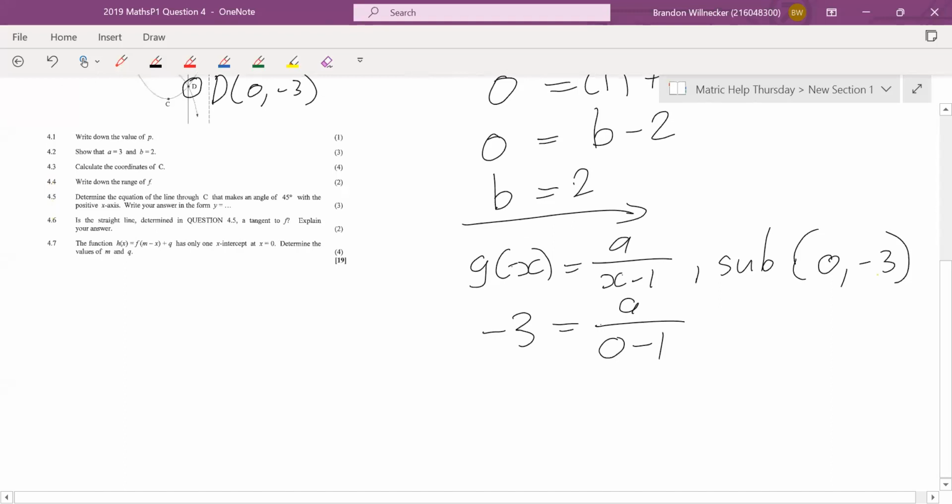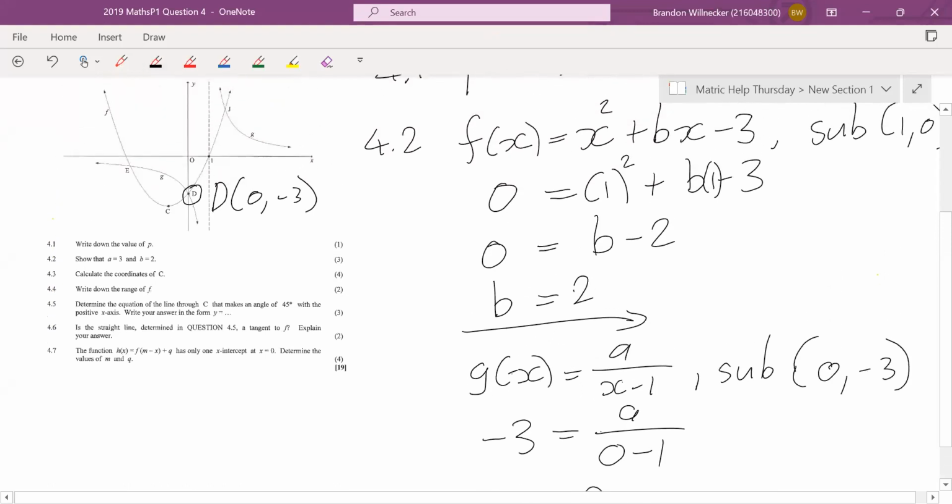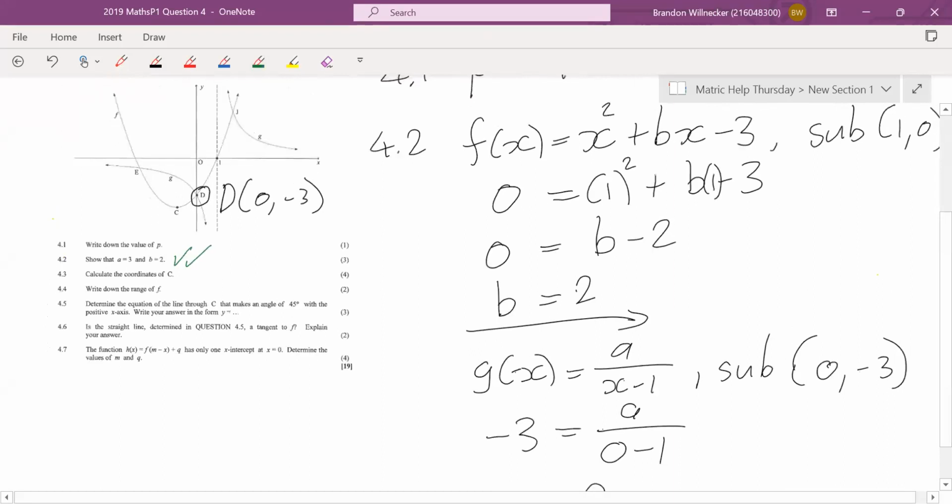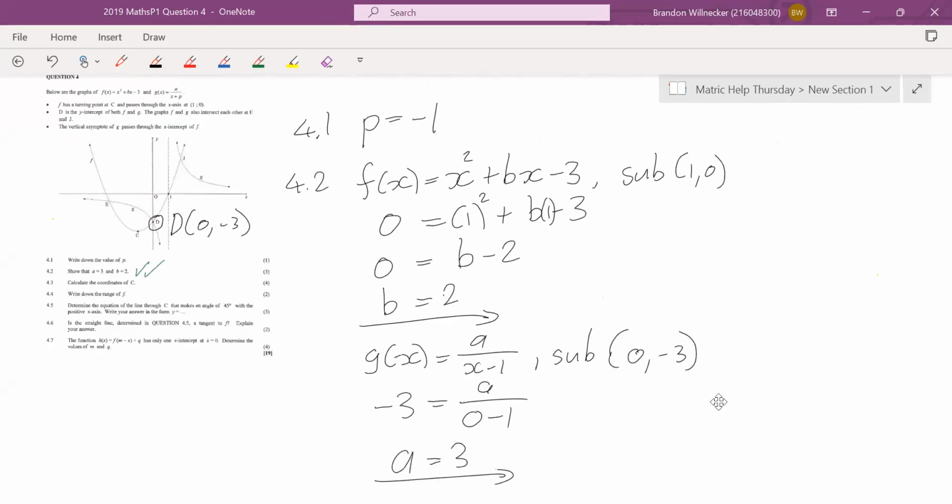Okay, so a little bit of rearranging. We can multiply both sides by minus 1. So we have a is equal to 3, and that's exactly what we wanted to show. So we've shown a and we've shown b. If you have any queries about the substitution, please let me know in the chat.